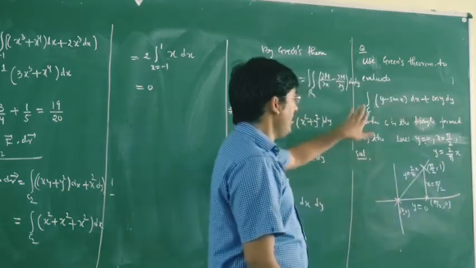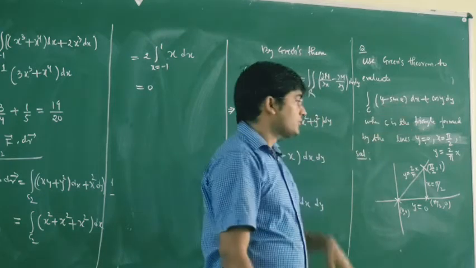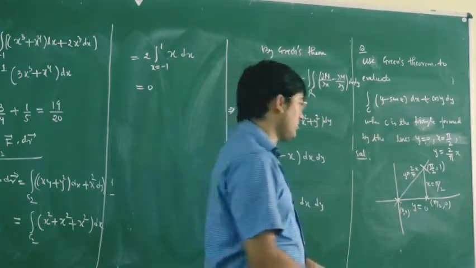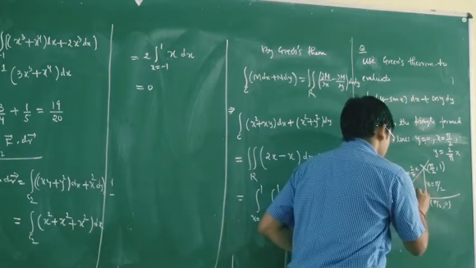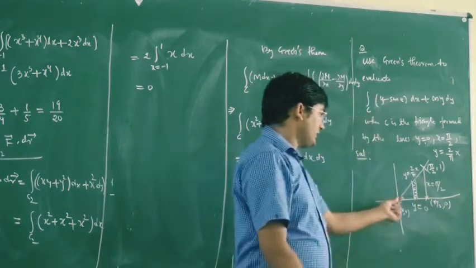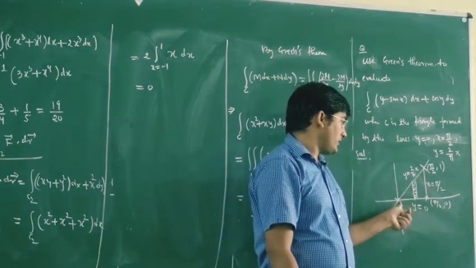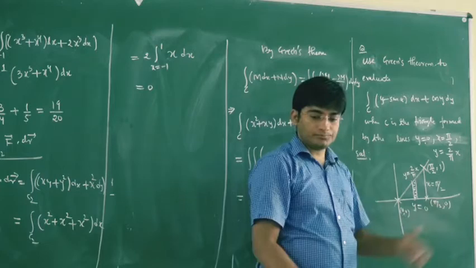As we have to evaluate the line integral with the help of Green's theorem, we will use the double integral, and for that we will take a vertical strip. For this particular strip, y will be from 0 to 2 pi x, and x will vary from 0 to pi by 2.